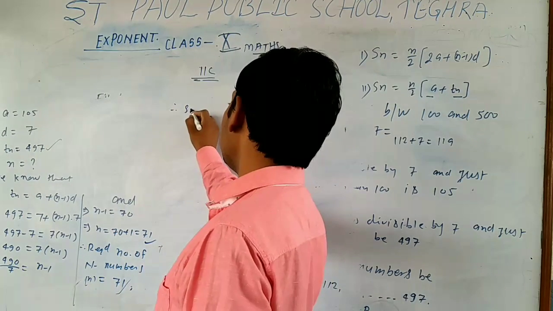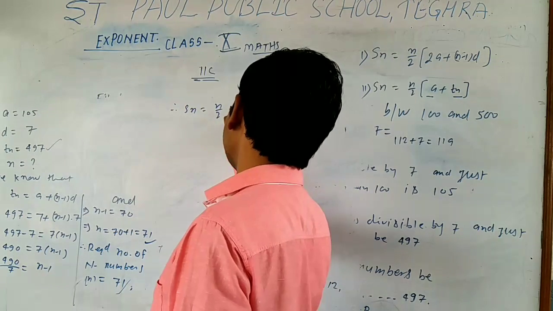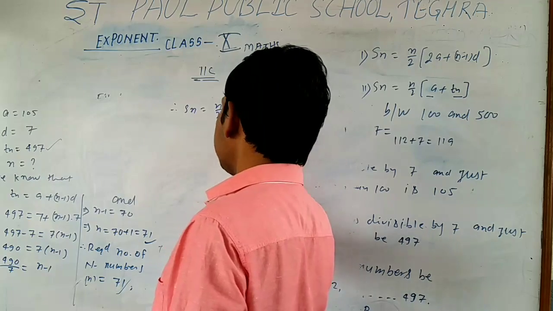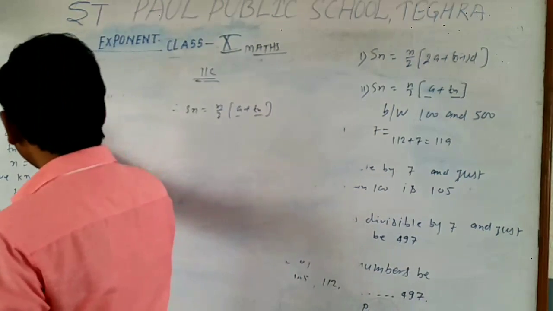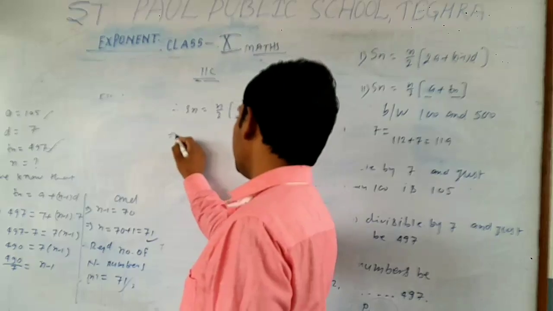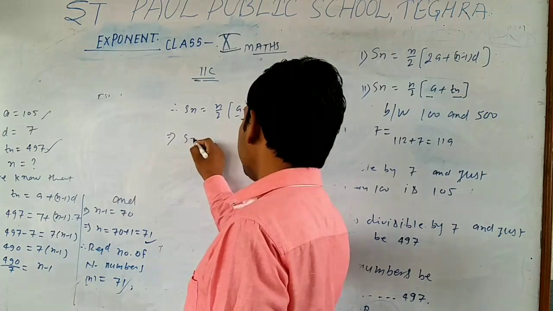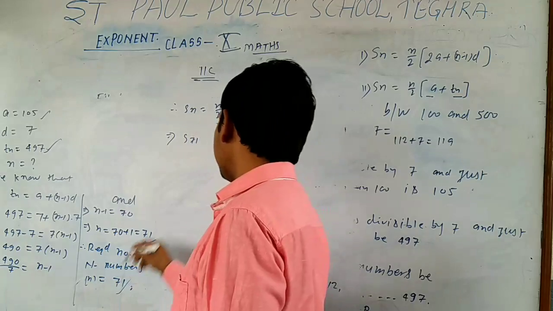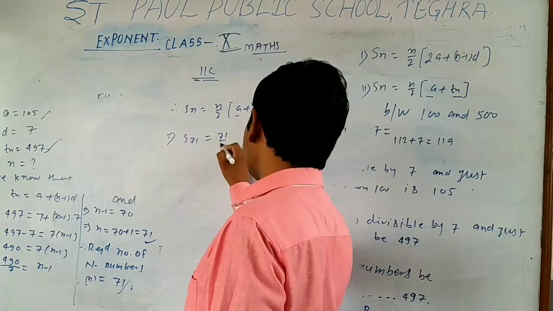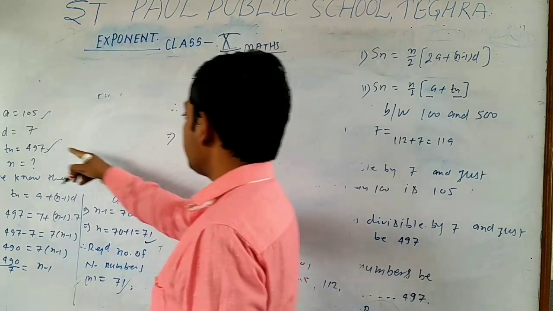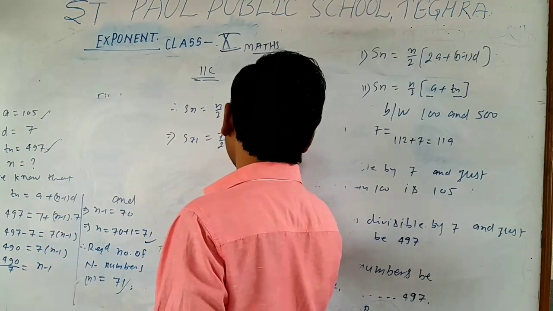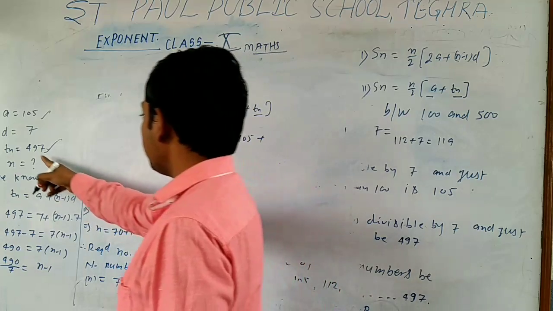Thus Sn equals n by 2 into (a plus tn), because the first term and last term are already given. In place of n we put 71, so 71 divided by 2 into a, that is the first term 105, plus tn, that is the last term 497.